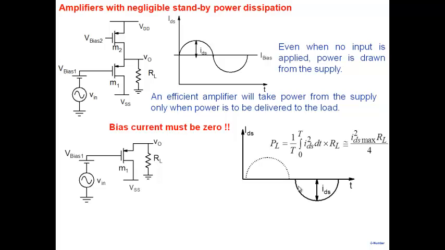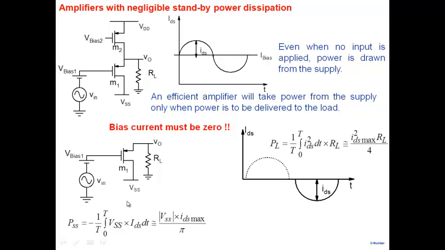We are assuming this is not a perfect sinusoid, but I'm ignoring that for a moment. I'm assuming this is a half sinusoid with a maximum value of IDS max. So you can write PL as IDS max squared times RL divided by 4. It's a simple sinusoid integral. So that's the power delivered to the load.